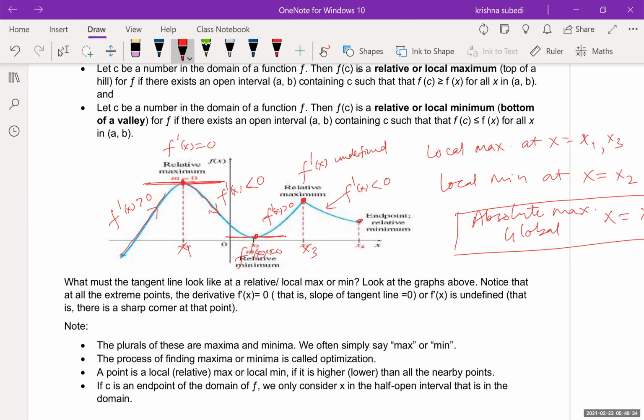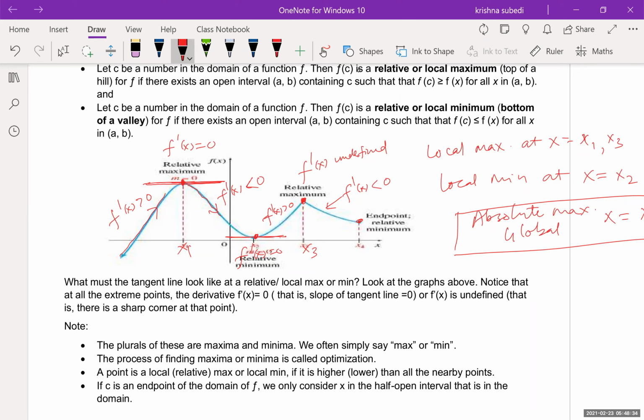But if you are given an ugly function like f of x equals x square root x plus x to the 3 over 2 minus ln x, then drawing the graph of those functions is not fun, right? It's not easy. So in that case, how do we find the maxima and minima?